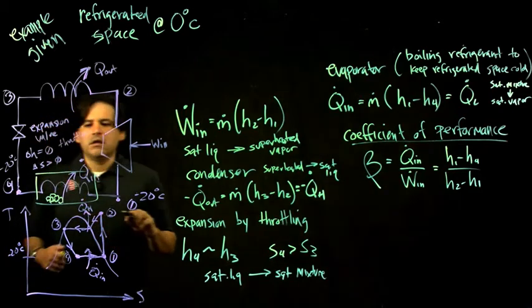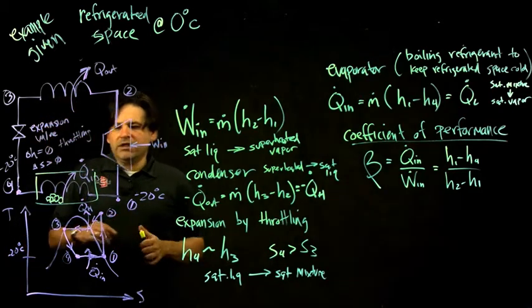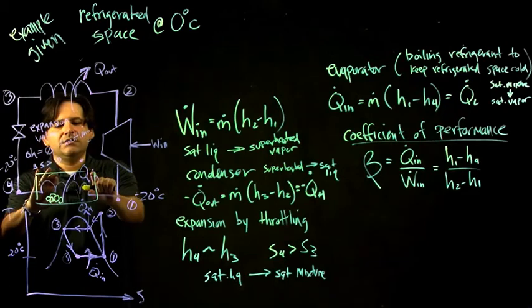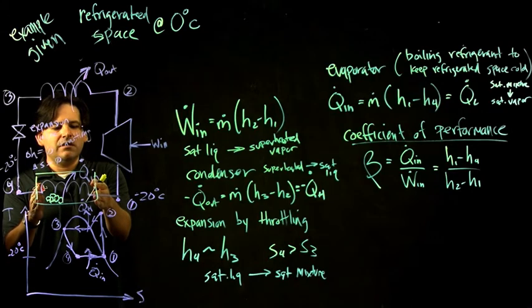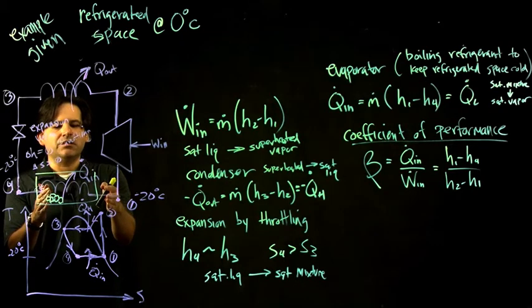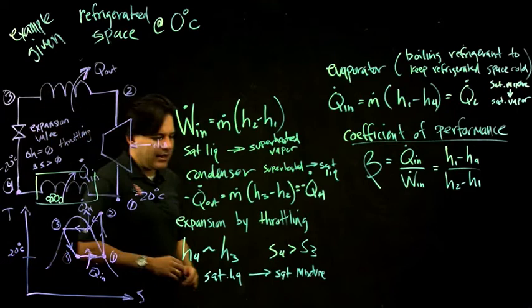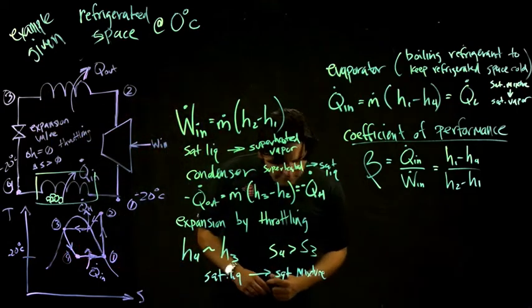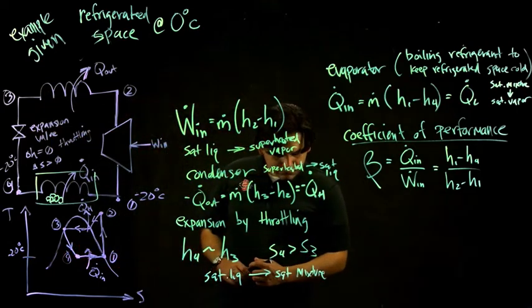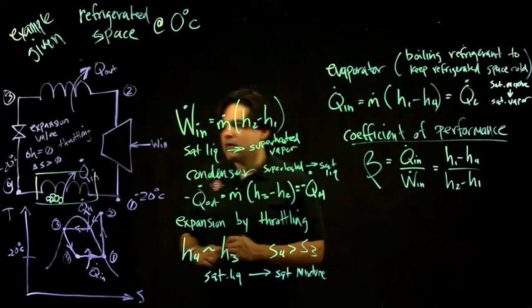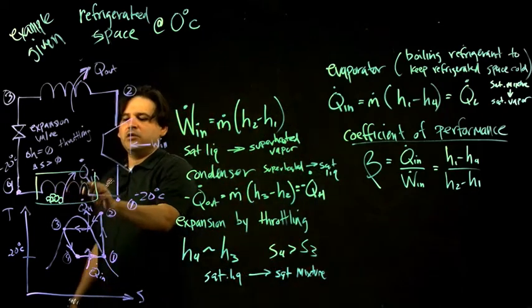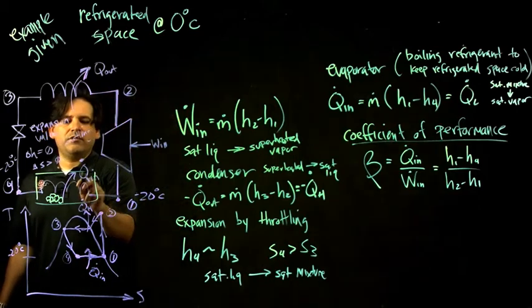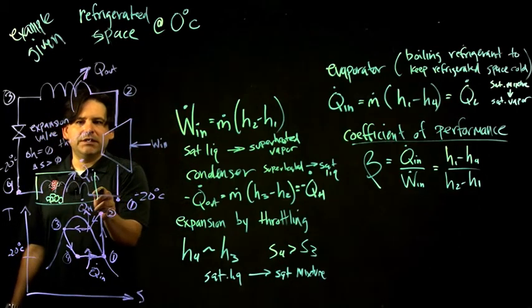So there's two things: assuming there's no energy loss, and assuming there's a phase change going on here, this will be at a constant temperature. So this is basically telling you the temperature of the refrigerant at the evaporator stage.